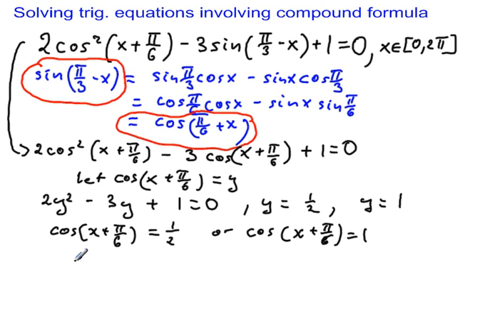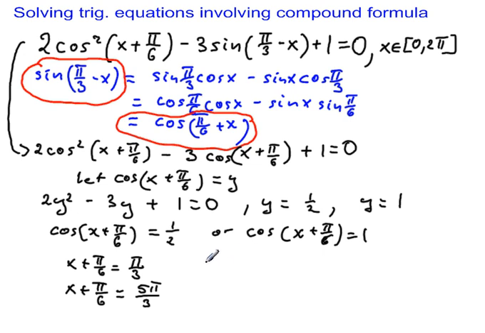So the angle x plus pi over 6 is equal to pi over 3, or that angle x plus pi over 6, in the fourth quadrant, is equal to 5 pi over 3. How do we know that? 2 pi minus pi over 3 will get you that.